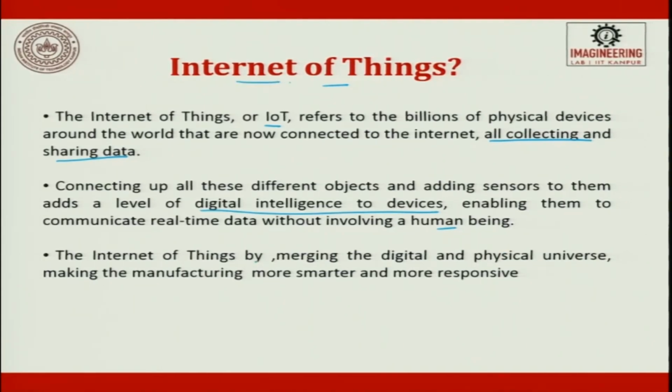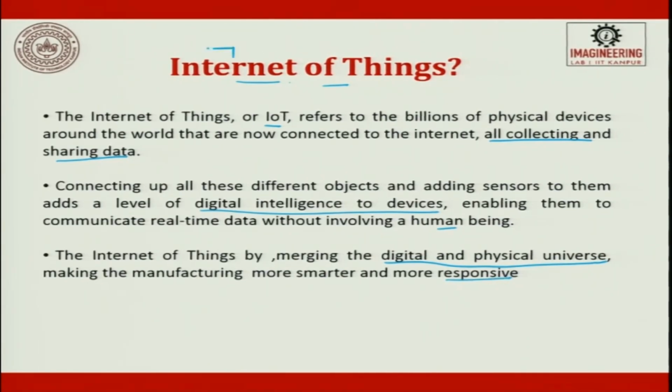The Internet of Things, by merging the digital and physical universe, this is a very important phrase, merging digital and physical universe, makes manufacturing smarter and more responsive. So, this is the major thing.